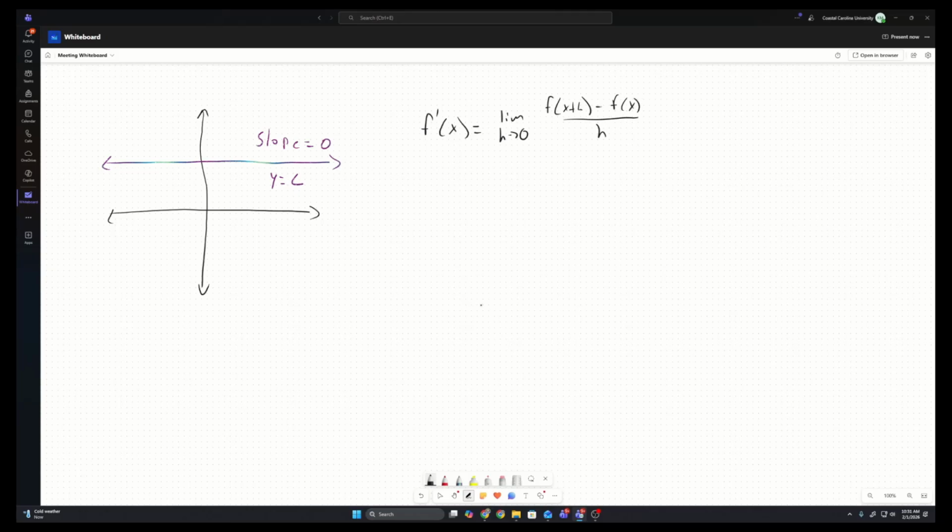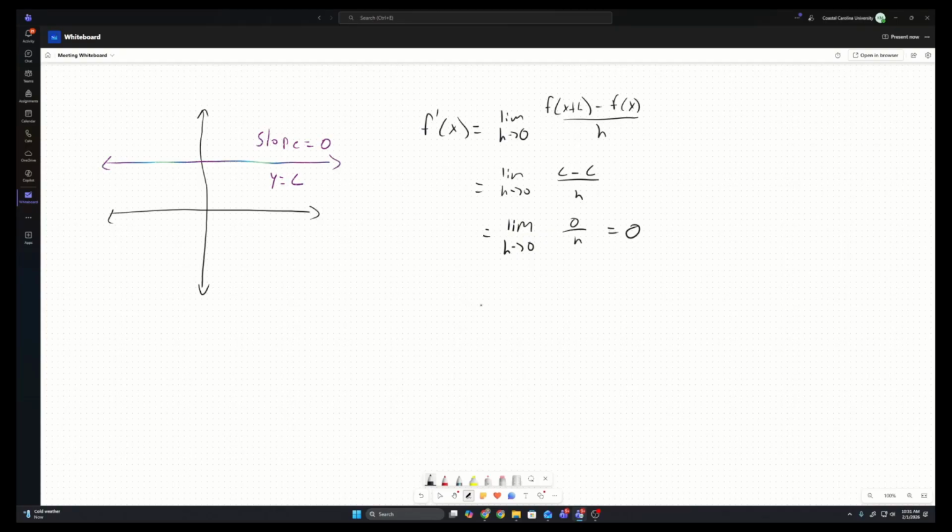Since we have a constant function, this turns into a constant, so it equals the limit as h goes to 0 of c minus c over h. Well, that's the limit as h goes to 0 of 0 over h, which gives me 0.